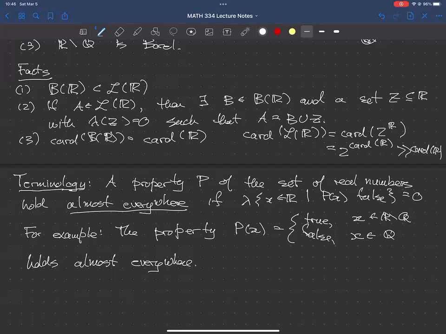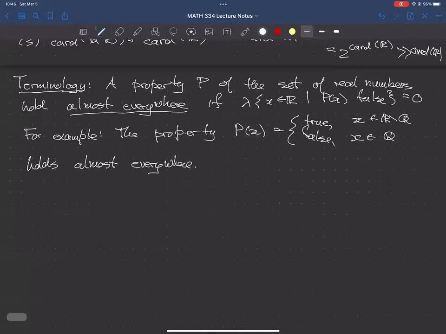Because we showed that the rational numbers, being countable, have measure 0, and so therefore the irrationals, the complement, does not have measure 0. This is common terminology when talking about things in measure theory, to say that something's true almost everywhere.